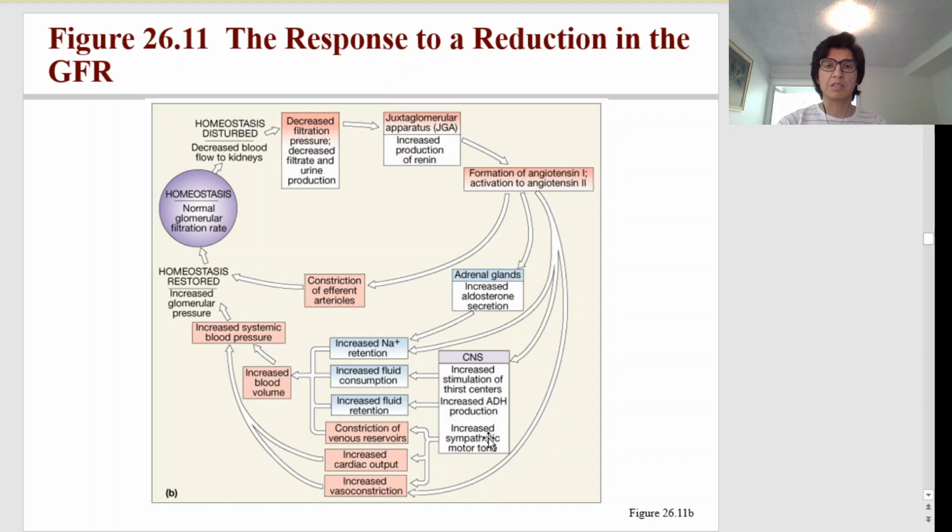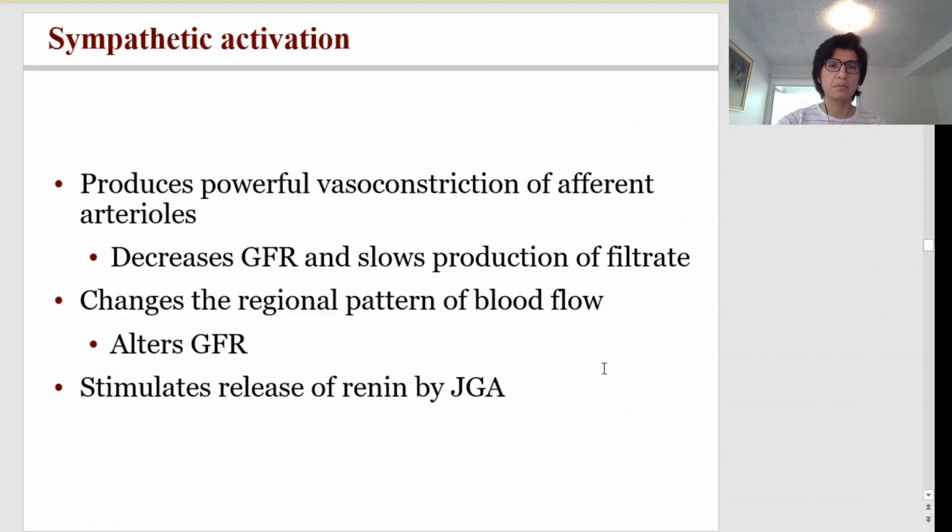The sympathetic nervous system can also constrict the venous reservoirs. Basically, we are recruiting venous reservoirs in order to increase blood pressure, increase cardiac output, and increase vasoconstriction. Powerful constriction.